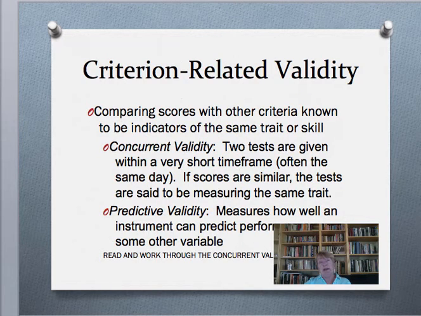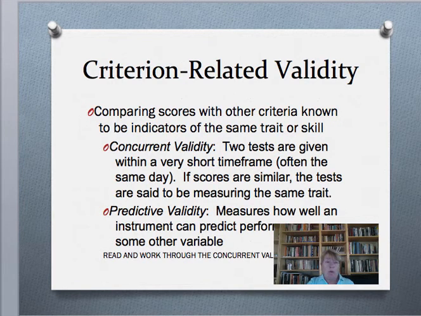Or I give you a reading test and I predict that you're going to be good in content areas as you start to add content areas into your curriculum, because reading is so heavily linked to the content. If you can't read, you really can't do well in content area classes. So I'm predicting that you'll do well down the road.